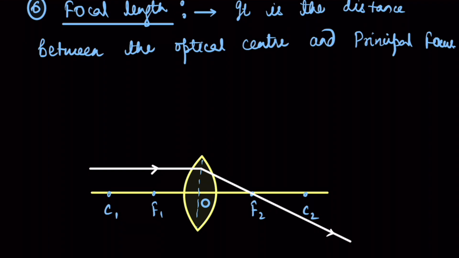So focal length for the convex lens is the distance between optical center and the focus. Here this is the F. Don't take the left side as the focal length, because the incident ray is on the left side, so its refracted ray will be on the right side.